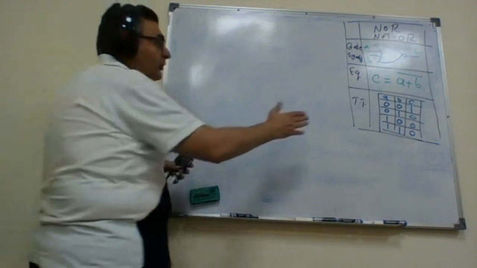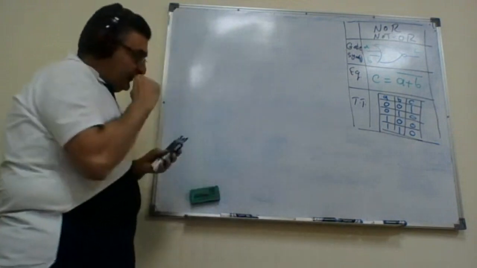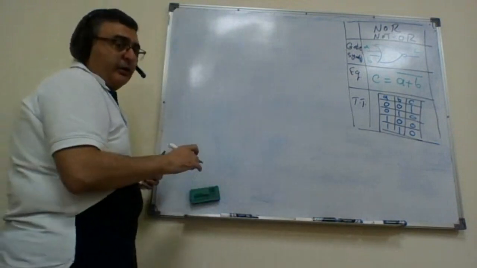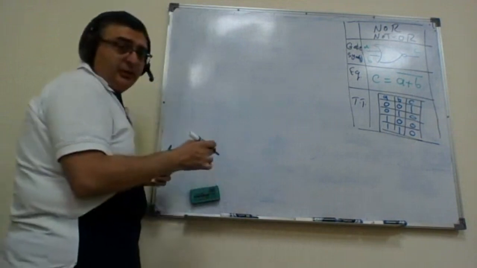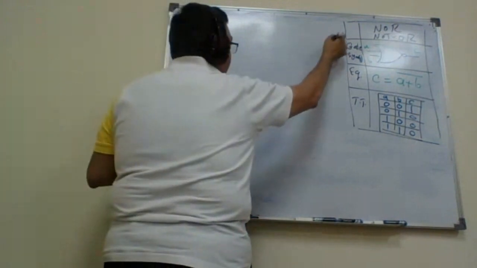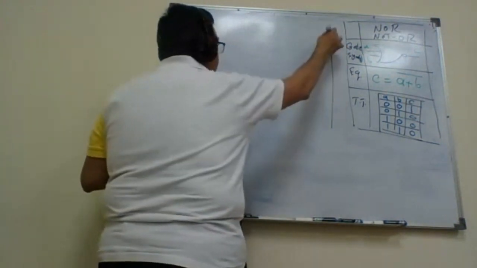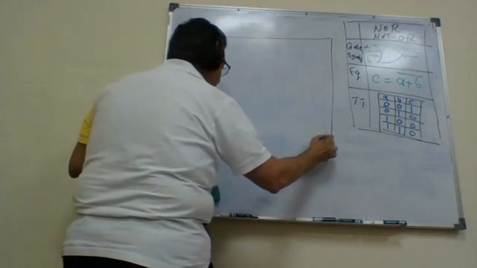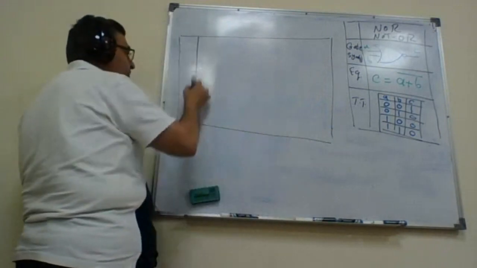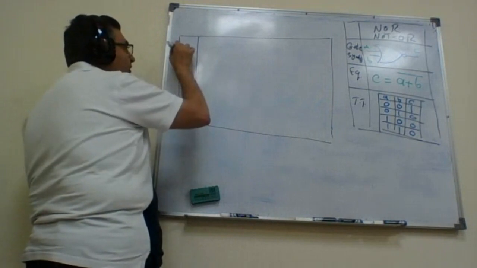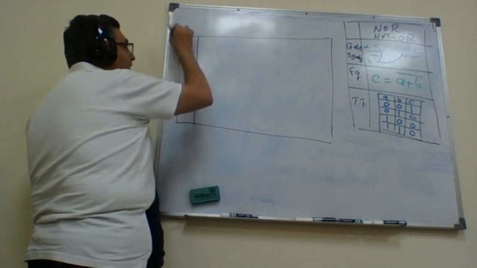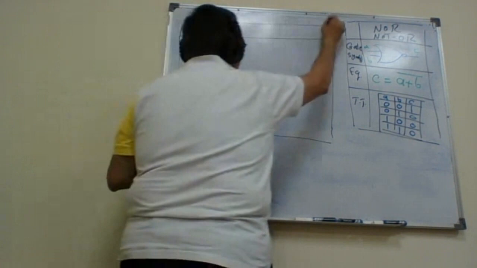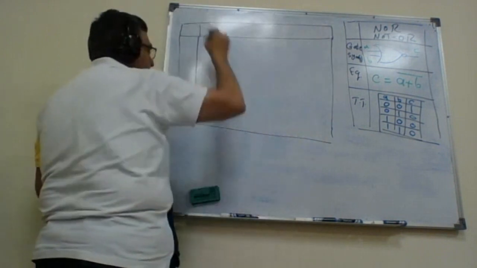Then, after we learn the NOR, we need to build our second table, the table that shows how I can represent the other basic logic gates through the NOR.